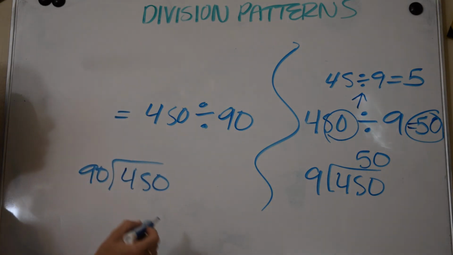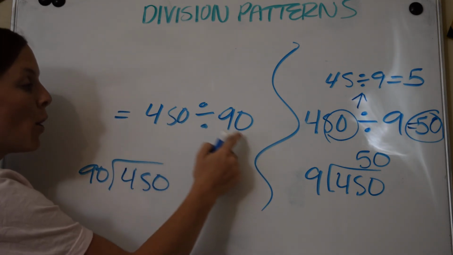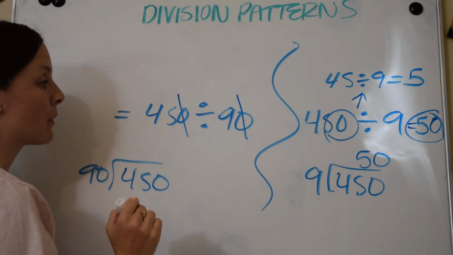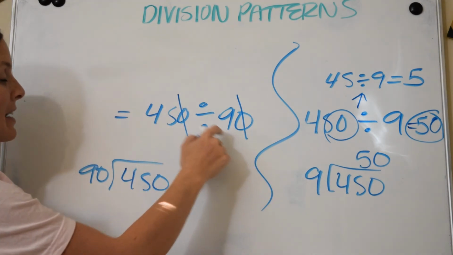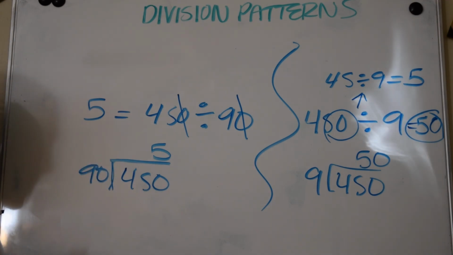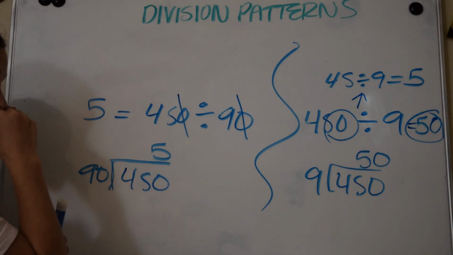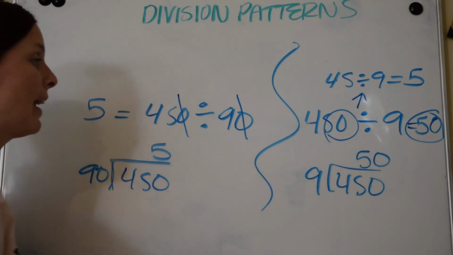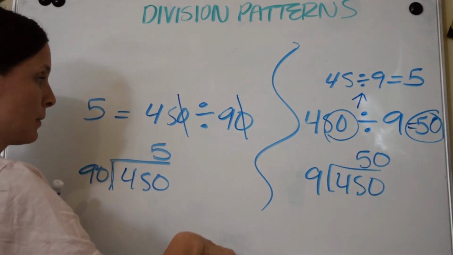Because over here you have a 0 in both the dividend and the divisor, cross out the zeros. What is 45 divided by 9? It is 5. So the answer to this one is 5. Okay? So obviously you have different answers and different steps. So let's see it again.